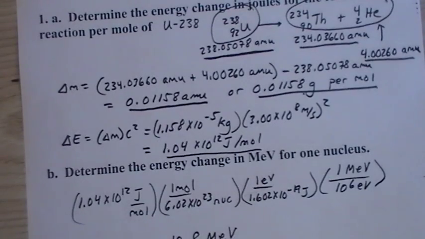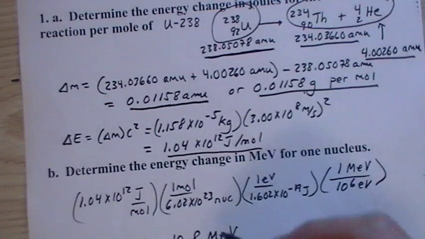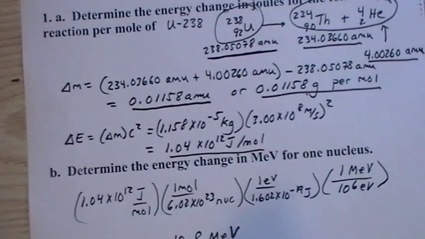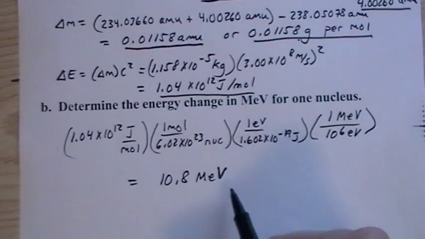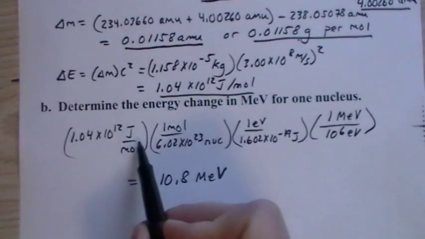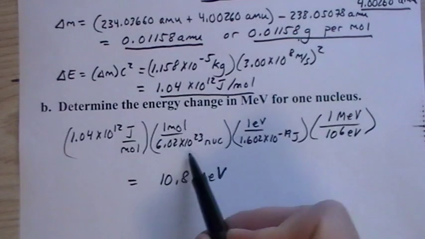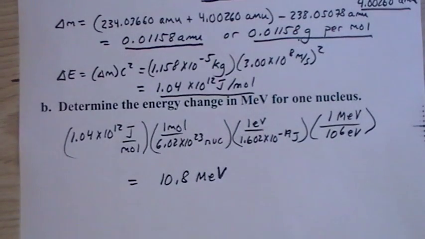Because that's so astoundingly large, it's hard to get a grasp of it. So what we'd like to do is convert it into a unit that gets us somewhere between 1 and 100, and that's what mega electron volts do. You take this and convert to joules per nucleus. Mega electron volts and electron volts are about the change in energy of one nucleus.